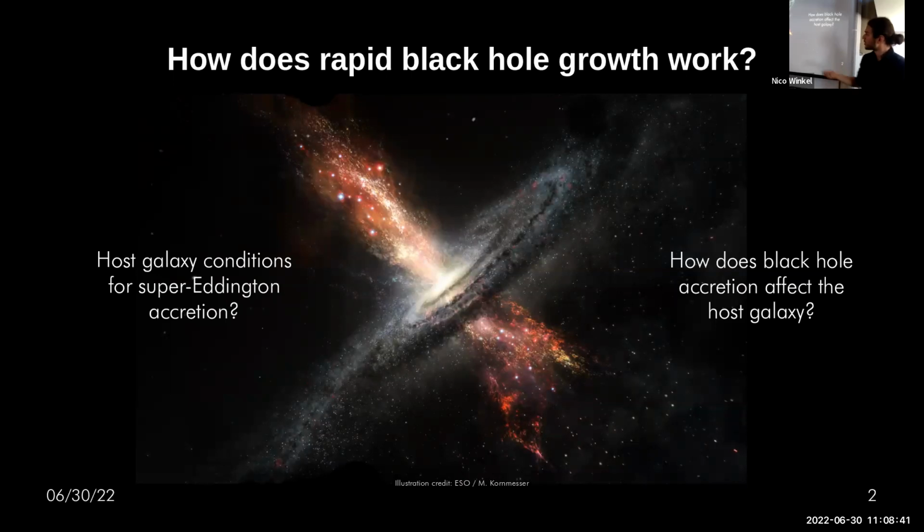So I ask the question, what are the host galaxy conditions that might be responsible for the super Eddington accretion that is required to bridge that gap? And in the nearby universe, we would like to understand what shuts off the growth of the black holes. That is the one part. And the other part of the question is, how does the accretion of the black holes in the centers of the galaxy affect the host galaxy?